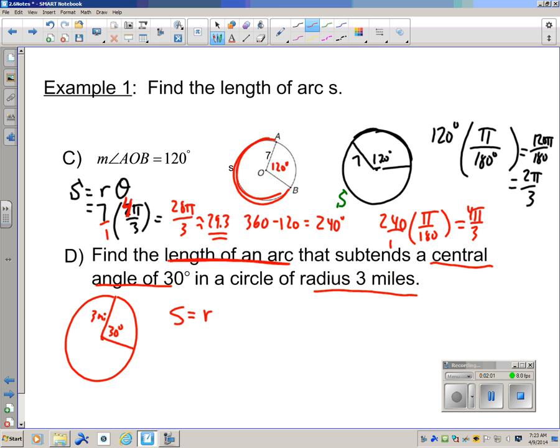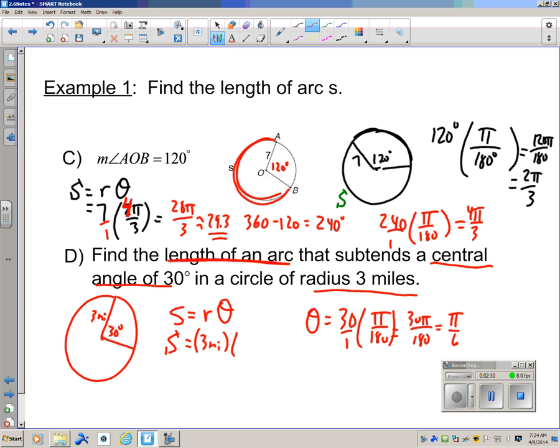We have a formula for that. Length of the arc is S equals R times theta. Theta is not in radians, so you could either look on your unit circle, or you can convert. So I can do 30 times pi over 180, which gives me pi over 6, exactly what you'd find on the unit circle. Now plugging those in, S equals 3 miles times pi over 6.